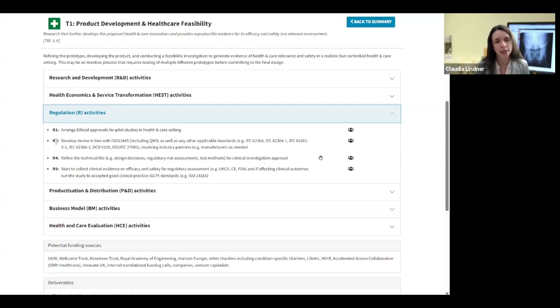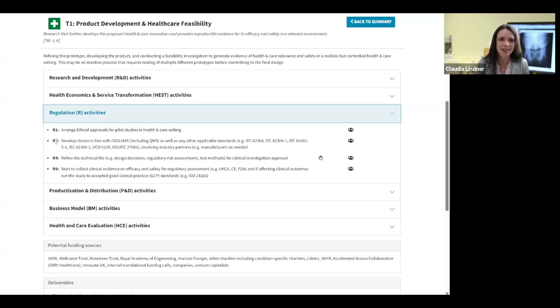With regards to the software medical device roadmap, this includes information on standards for developing such software for clinical contexts. However, if you were to look at R3 in the invasive roadmap, it would look quite different, and it would refer, for example, to activities around sterilization. That's what I meant when I said the activities are tailored to the type of roadmap that we're developing.